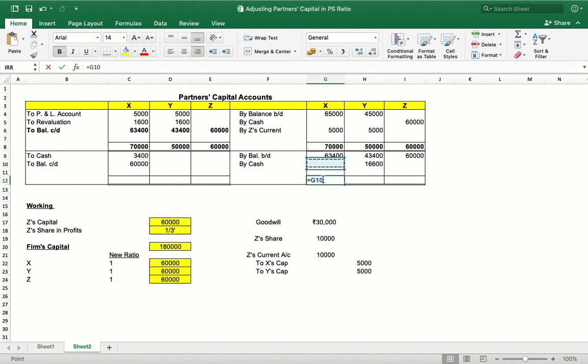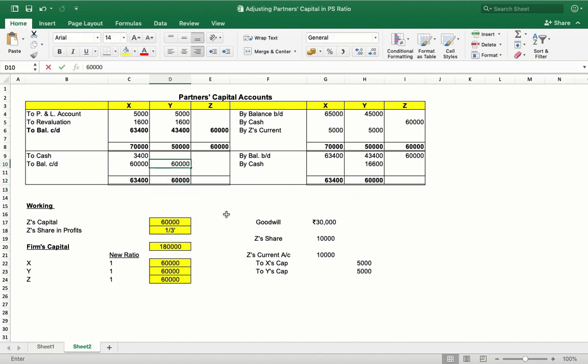Now let's find out their balances. So 63,400 minus 3,400, so X's capital is 60,000, and Y's capital is also 60,000, because on the debit side there is nothing to subtract.